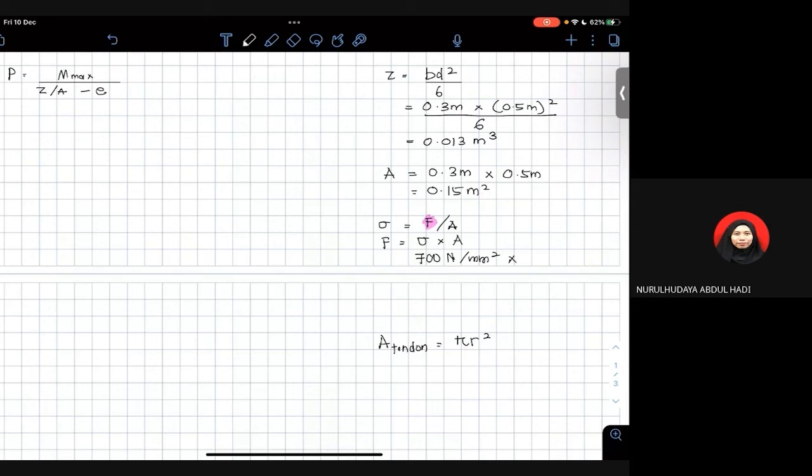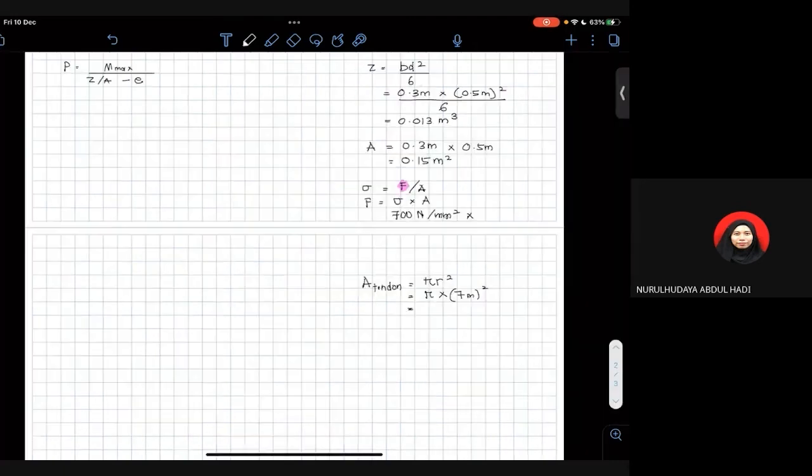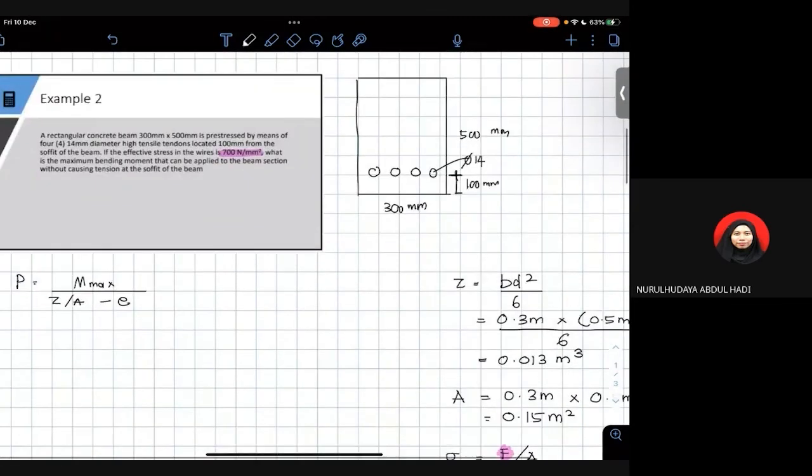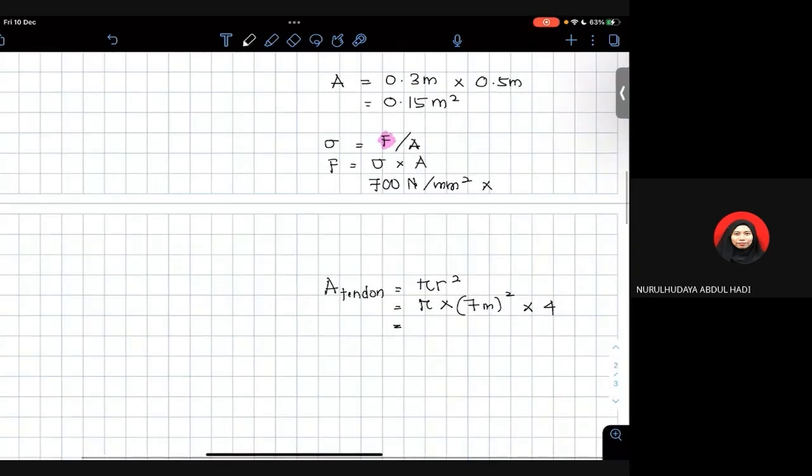Tak ada tendon 4 segi. Diameter dia 14 mm, so kita bagi 2 sebab I best kira pakai radius lah. Kalau you pakai pi d square over 4 pun boleh. Kita kena darab 4, because kita ada 4 numbers of 14 diameter. So darab dengan 4.